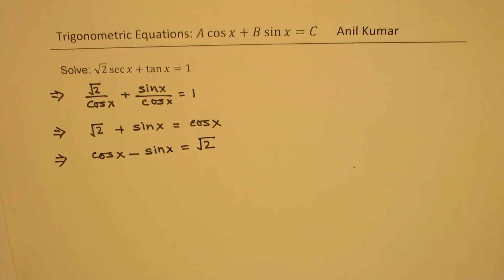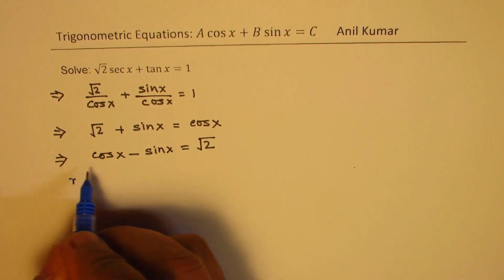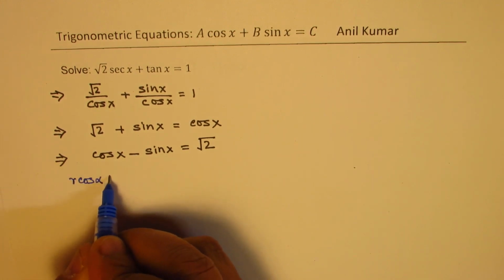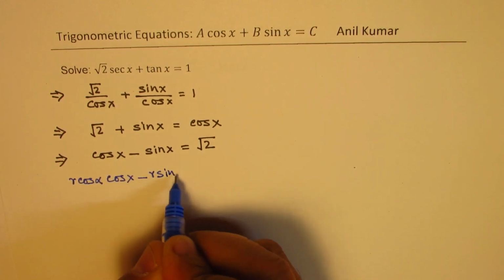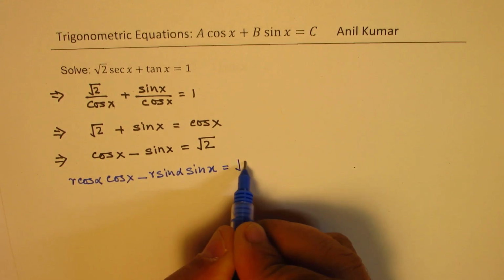Now to solve this equation, we could always write this in the form of r cos alpha times cos x minus r sin alpha times sin x equals square root of 2.